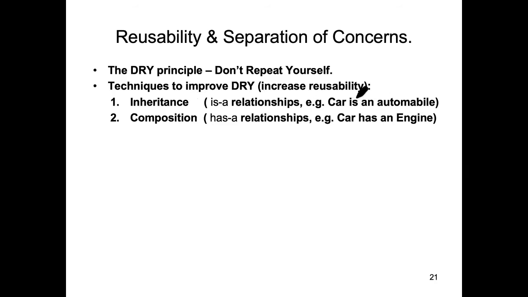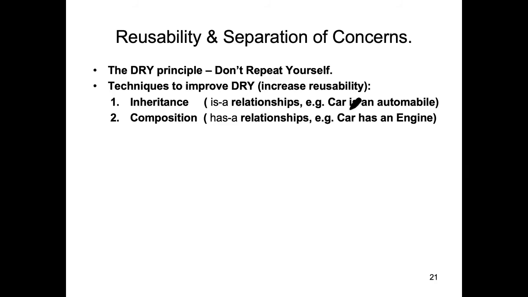Whereas up here, automobile would be a class and car would be a subclass of it. So it's a different way of looking at the world, if you like. One is looking at it through the inheritance prism. Another way of modeling a problem domain is through the composition prism.